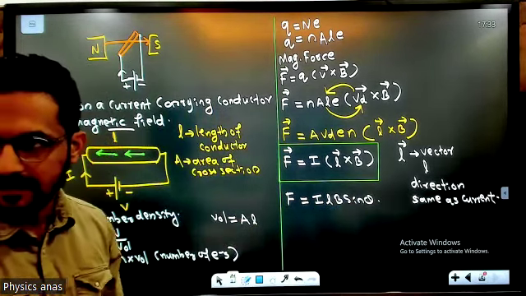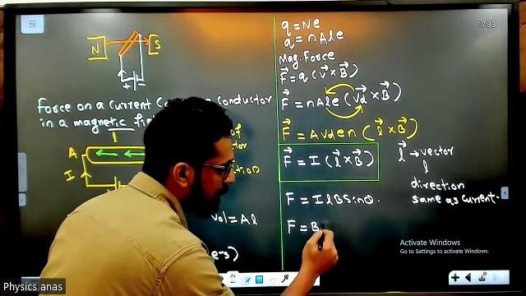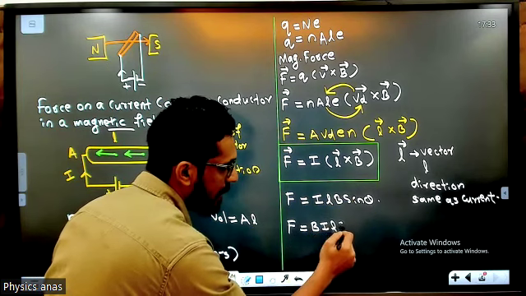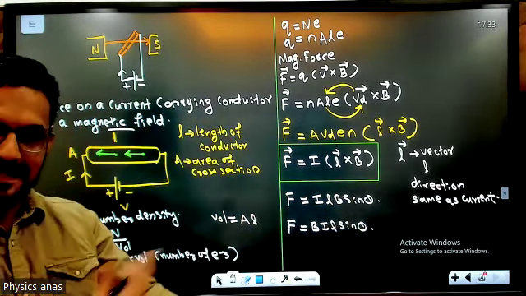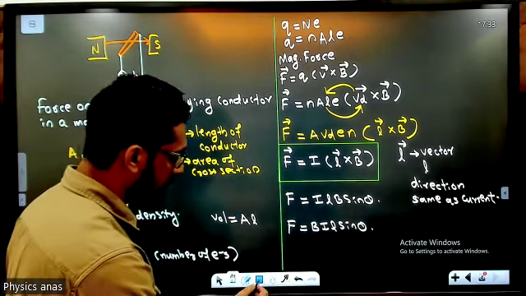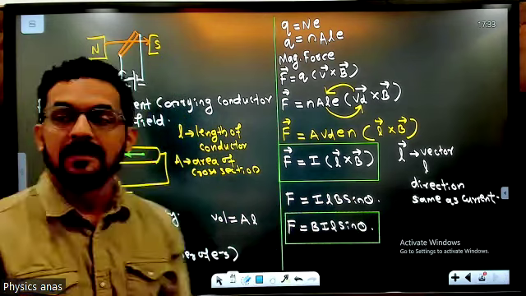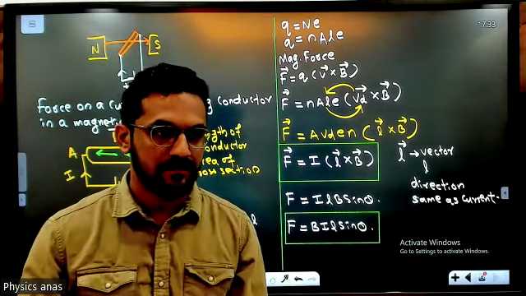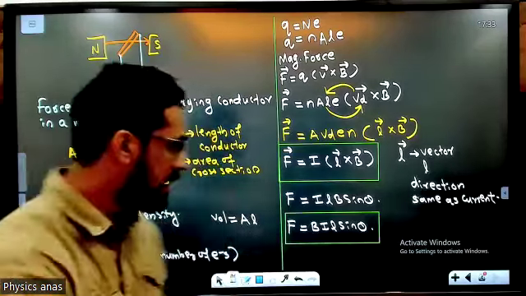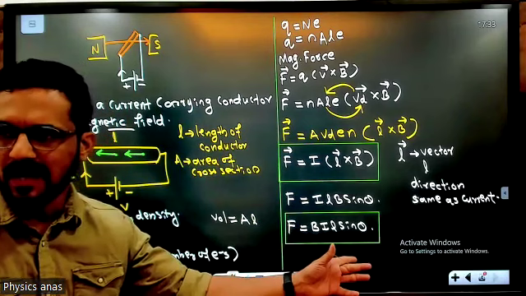I will write it as B I L sin theta to make it easy to remember. F is equal to B I L sin theta is the equation for force acting on a conductor in a magnetic field. Is that okay now? And this is the magnitude.